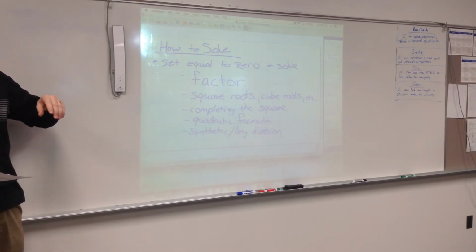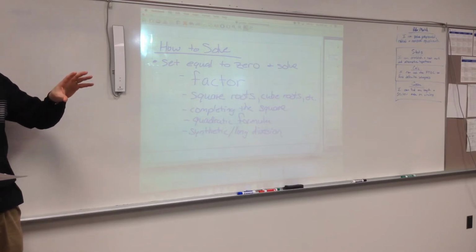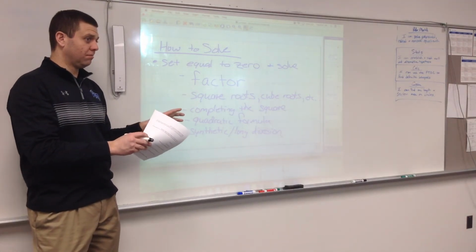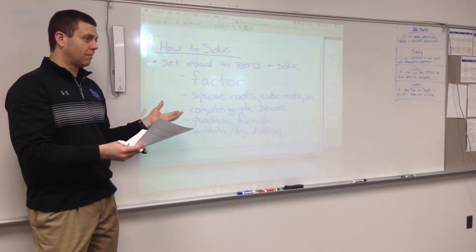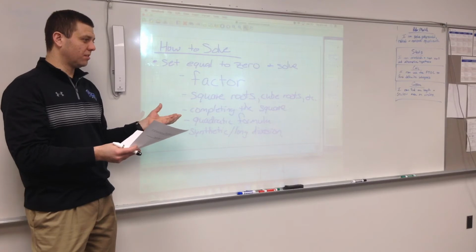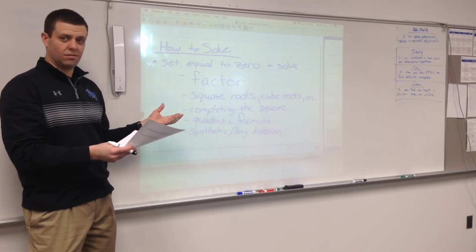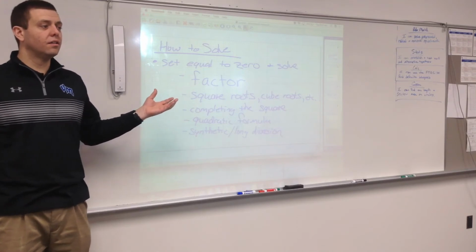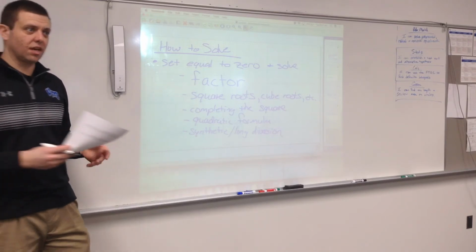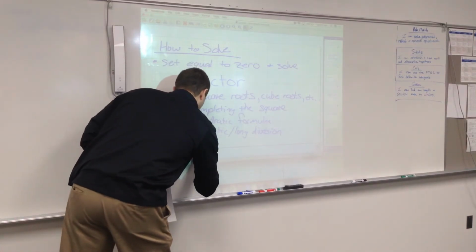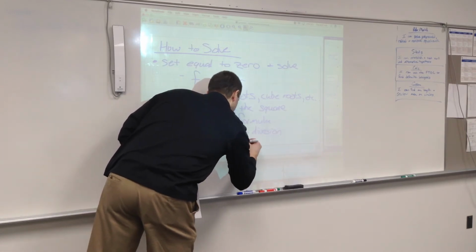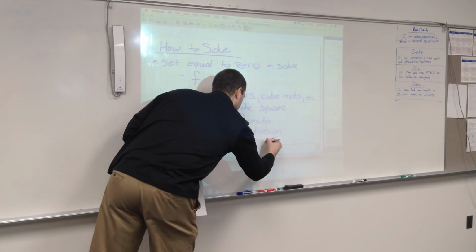And then, if you think about it, in those pictures I just showed you, how could you tell where the solutions were? Looked it up on the graph, so just see where the graph does what? Hits the x-axis. So, graph and find x-intercepts. Okay, yeah?